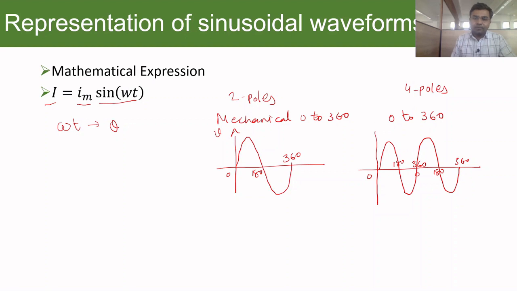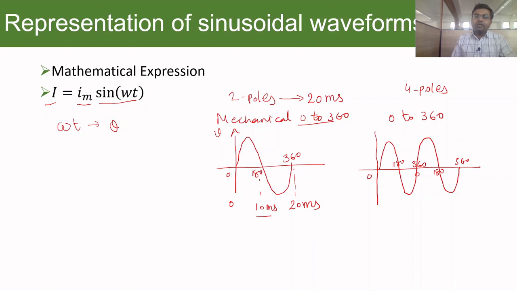For example, if one revolution in a two pole machine is completed in, let's say, 20 milliseconds, my angle will change from 0 to 360 degrees in 20 milliseconds. If I reproduce the timing, in 20 milliseconds I will have a 360 degree electrical angle, and the 180 degree electrical angle in 10 milliseconds.